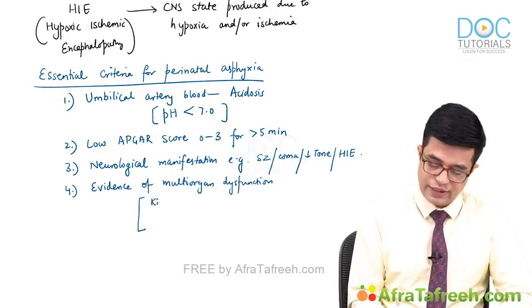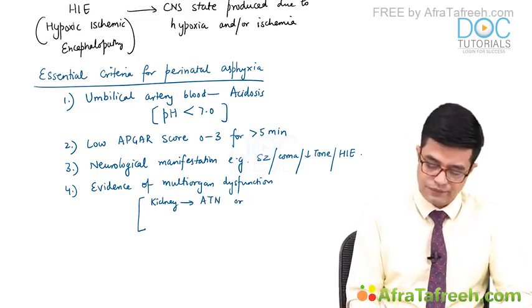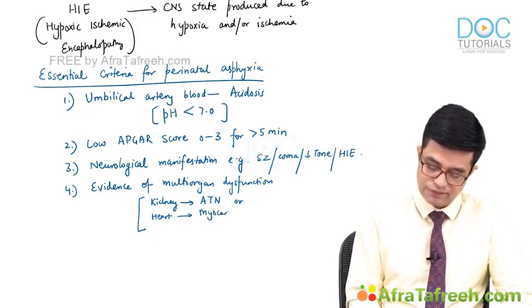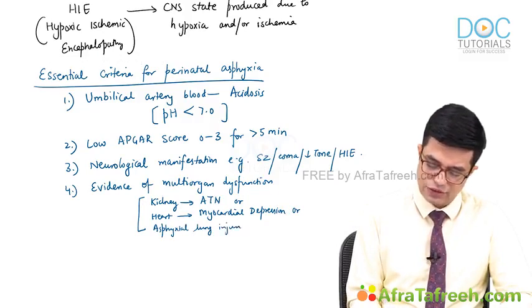Either there can be kidney involvement producing acute tubular necrosis, which is very common, or there can be cardiac involvement producing myocardial depression, or there can be asphyxial lung injury. In addition, there can be any multi-organ dysfunction due to asphyxia.